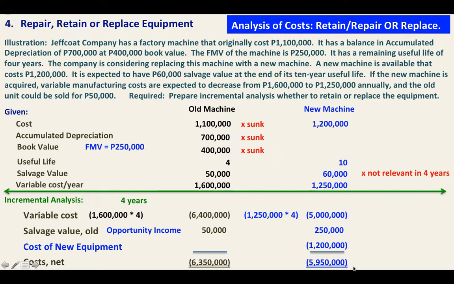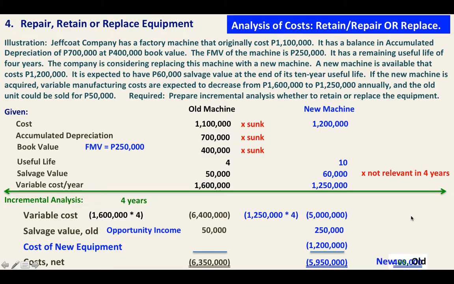Okay. So here, obviously, there is a difference of 400,000. And this difference is showing that the new machine has a lower cost in the amount of 400,000 in comparison with the operating cost of the old machine.